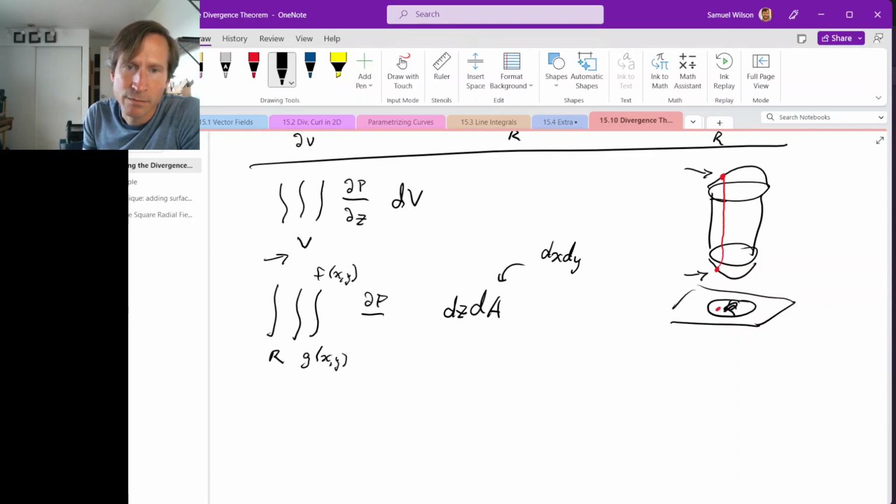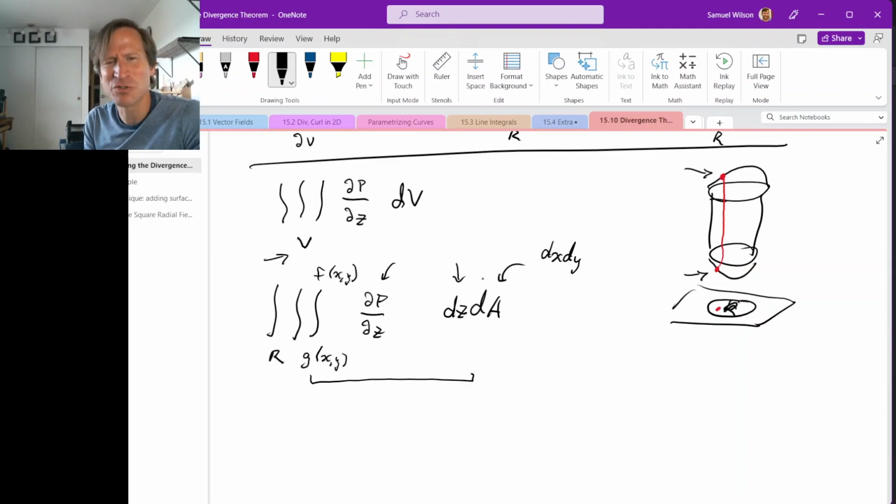So that's the z direction, and we're integrating partial P, partial z. Now if you look at just the inside integral, our integrand is a derivative with respect to z, and then we're taking an antiderivative with respect to z to compute this integral. The fundamental theorem of calculus says that the integral and the derivative undo each other.